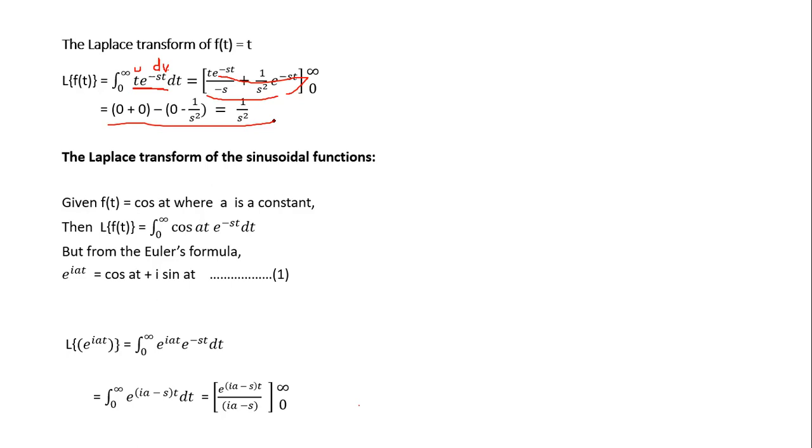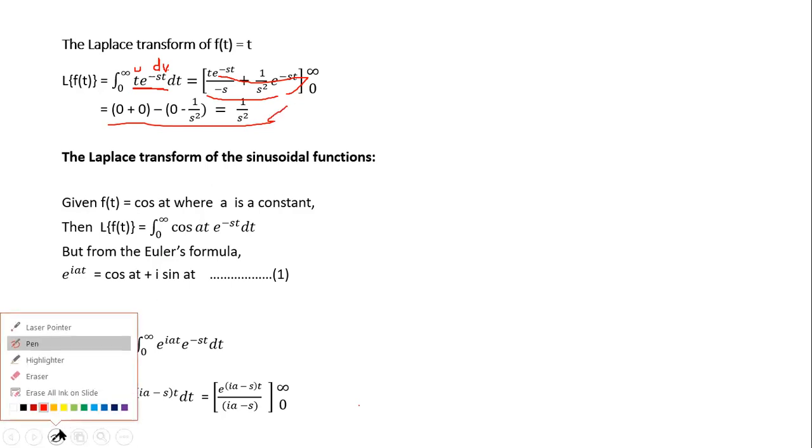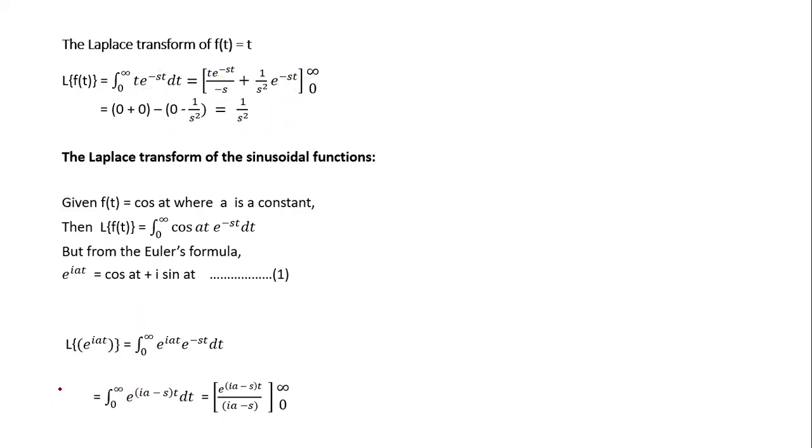So given f of t equal to cos at, where a is a constant, you now know how to integrate sinusoidal functions, so no problem there. As usual, we multiply this by the transformer, which is exponential negative st, integral from 0 to positive infinity, dt.